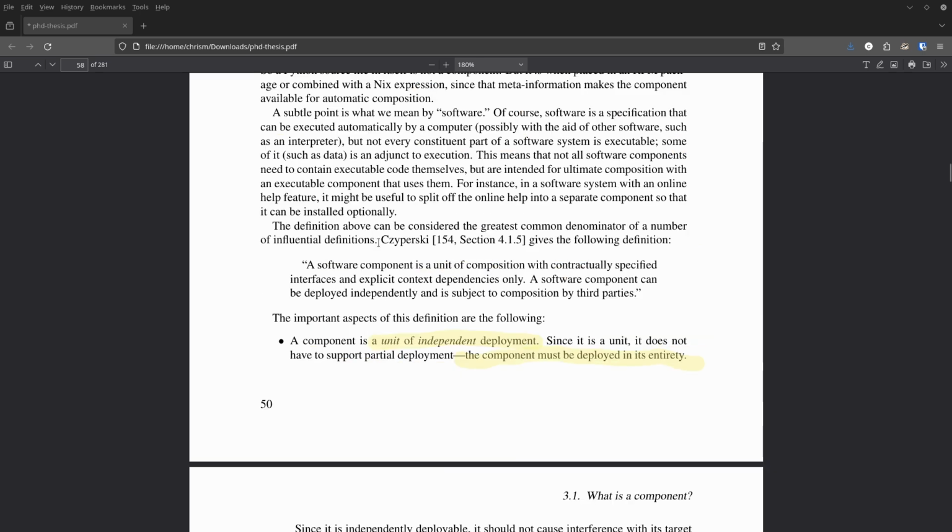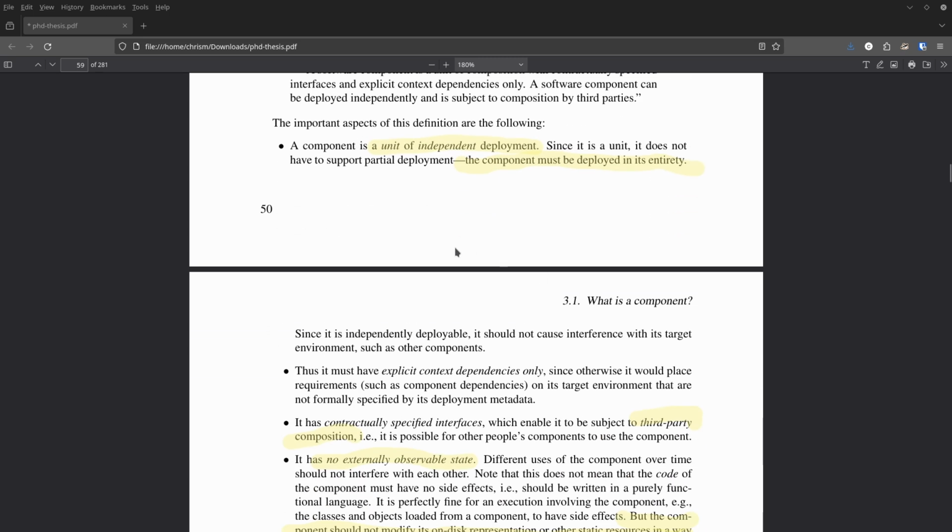Then he's referring to a paper that I had not read, by Szyperski, about what a software component is. He says that Szyperski says a software component is a unit of composition with contractually specified interfaces and explicit context dependencies only. A software component can be deployed independently and is subject to composition by third parties. So he sort of tears this apart and says a component is a unit of independent deployment.